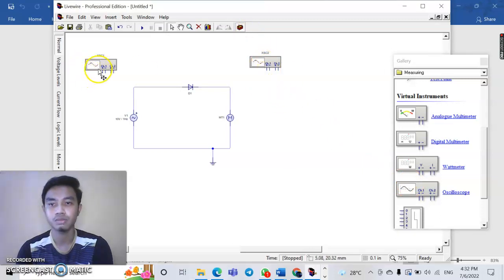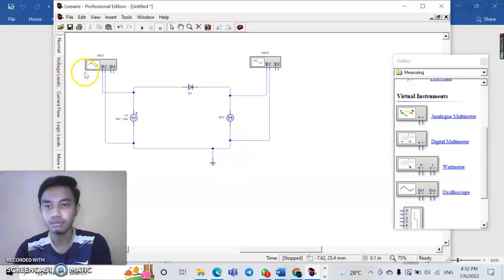For the first oscilloscope, which is XSC1, the positive terminal we connect here and the negative connect here. For the second oscilloscope, XSC2, at the motor, positive here, negative here.